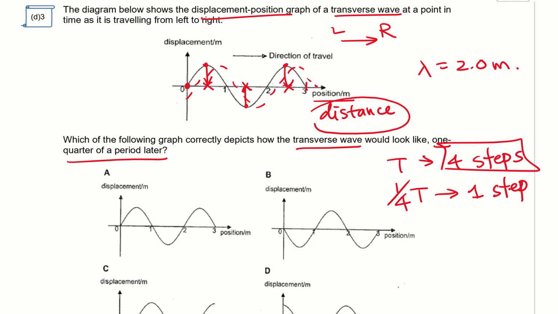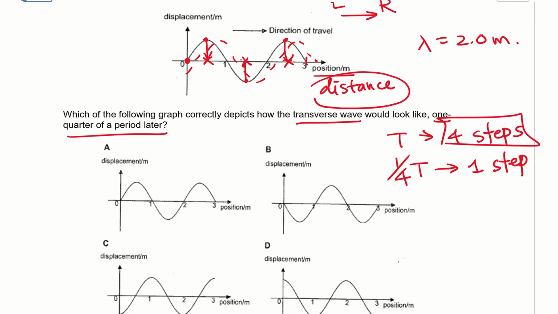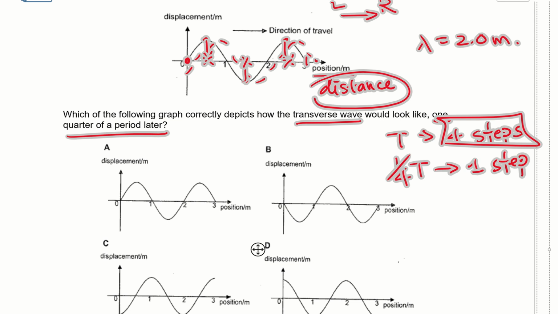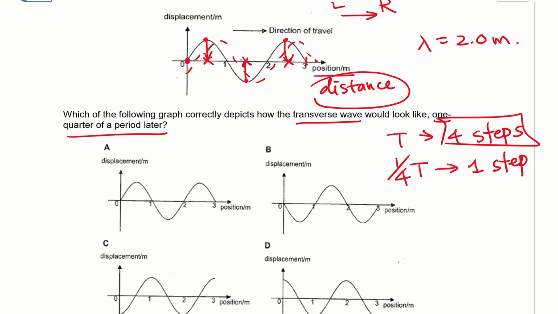So it seems like if I just rely on these 3 points, I will actually get a flat line, but that is not true, right? But I can use this to eliminate, because I know that 1 step later, this particle will actually be here. So that means A is incorrect. This particle will actually be here. That means this is not correct, right? So A is out.